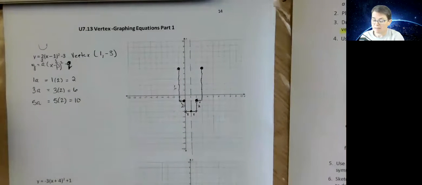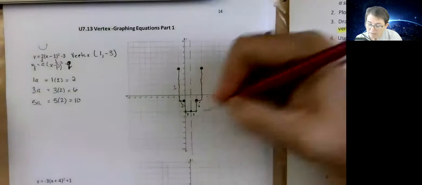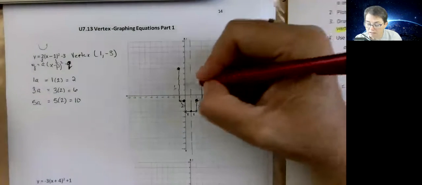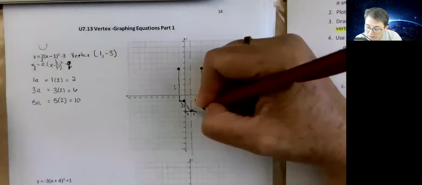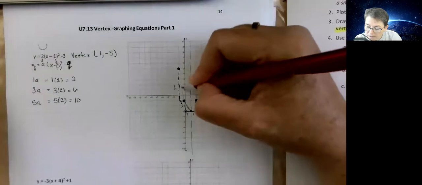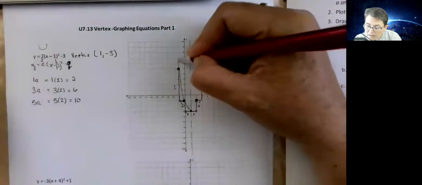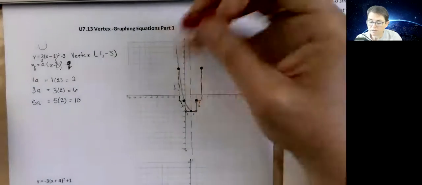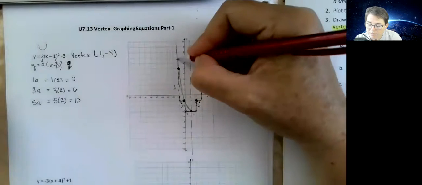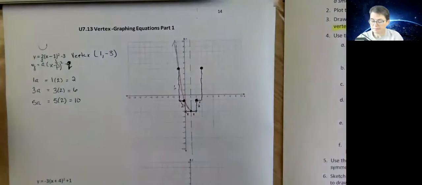I think I'm going to use my pencil for this. Your curve goes through the dots. So here's my vertex. I'm going to go there, and then I need to go up to that one. And then you just kind of keep going, and throw some curves at the top.